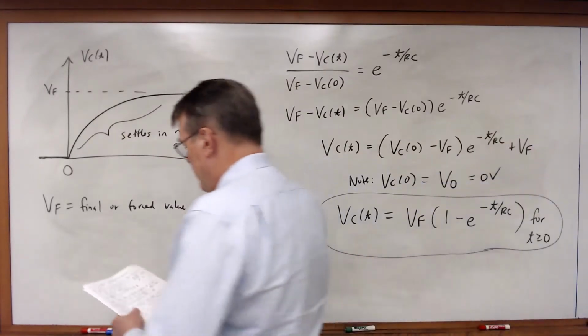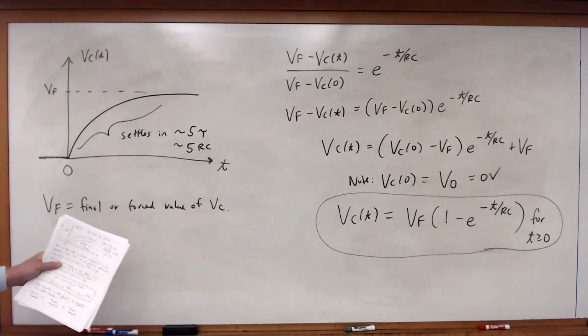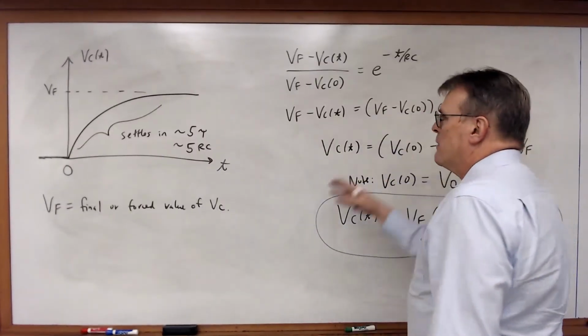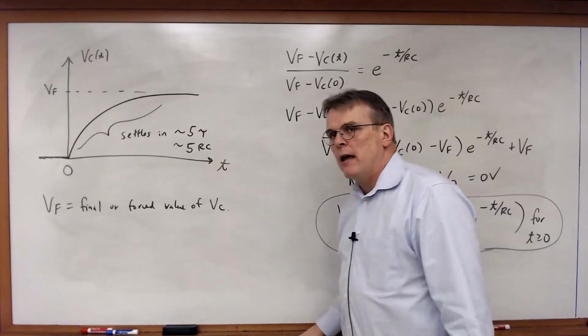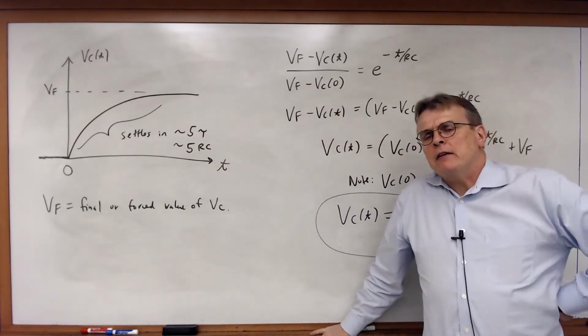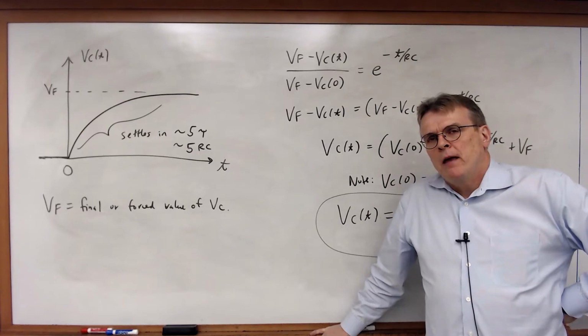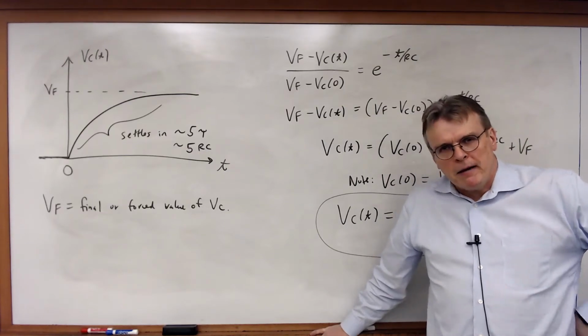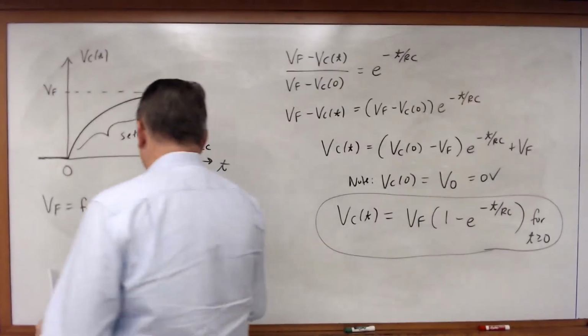All right? Now at this point, I could take the tack of working through a lot of problems which would look very much like the natural response problems. But I'm not going to do that because I want to point something out to everybody, and it's this.